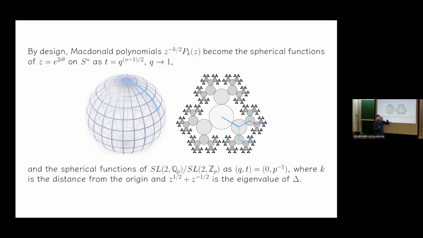And then k, which was the number of the polynomial, becomes the distance. k is the distance from the root vertex. And z, which is a continuous variable, labels the eigenvalue. Maybe more symmetrically, this combination z to the half plus z to the minus half is an eigenvalue of the Laplace operator.